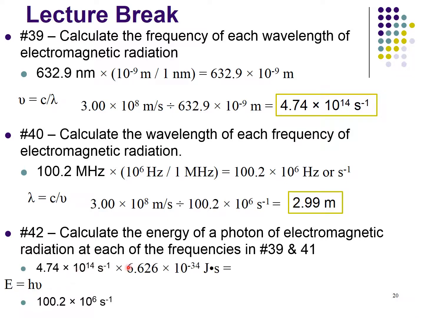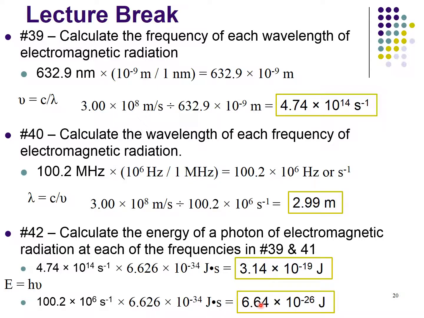Our seconds cancel out, and we're left with 3.14 times 10 to the negative 19th joules. Here's our frequency times Planck's constant, 6.64 times 10 to the negative 26th joules. So really it's just rearranging those couple of equations and solving for that missing piece.